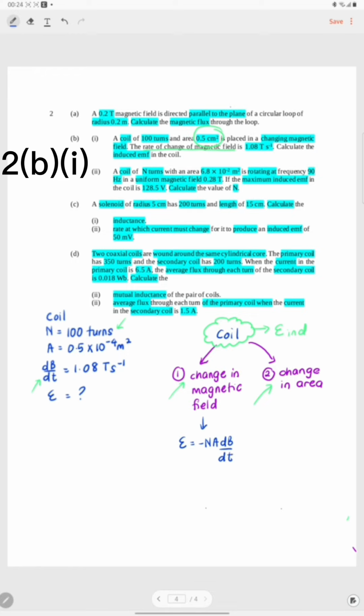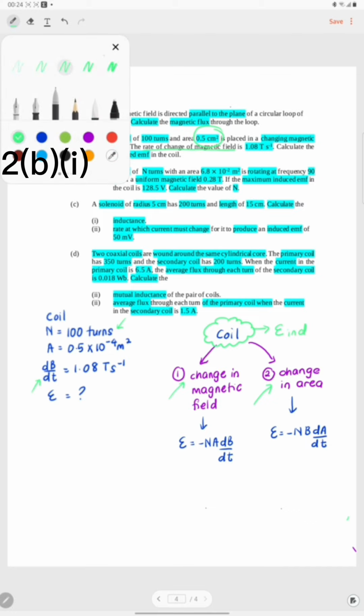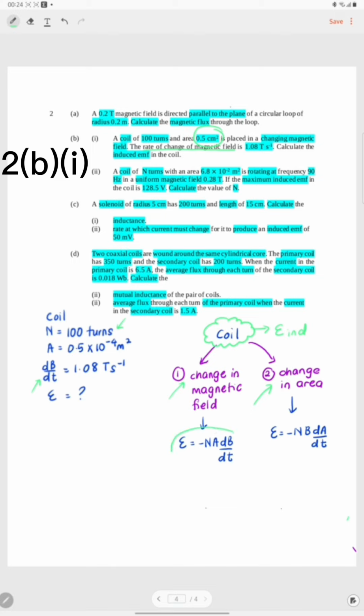If another question mentioned that it experienced a change in area, then the formula that you need to choose from your list of formulas is EMF equals negative N B dA over dt. So for this question, we need to choose this formula.